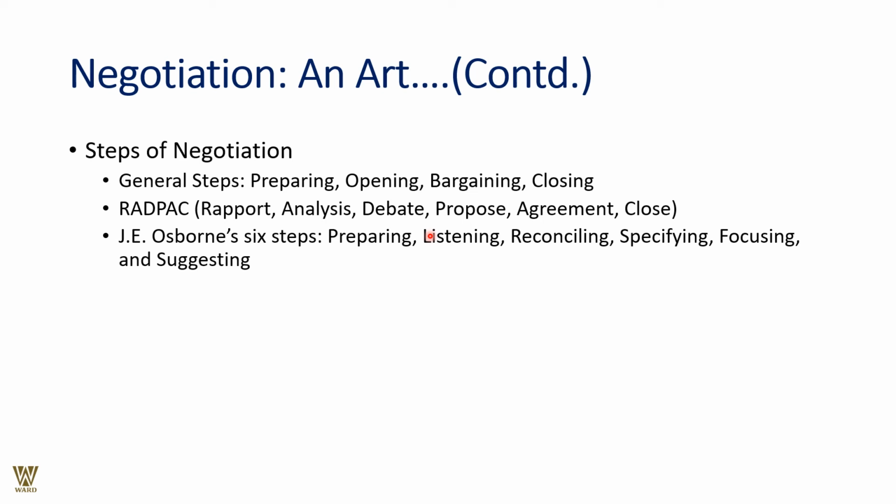Preparation also includes understanding the perspective of the opponent party. What are their pain points? How do they negotiate? What is their style? Once you are well prepared, you can go into the negotiation stage in a very confident fashion. Then we have the RAP-C, that is, rapport, analysis, debate. What is rapport, analysis, debate?